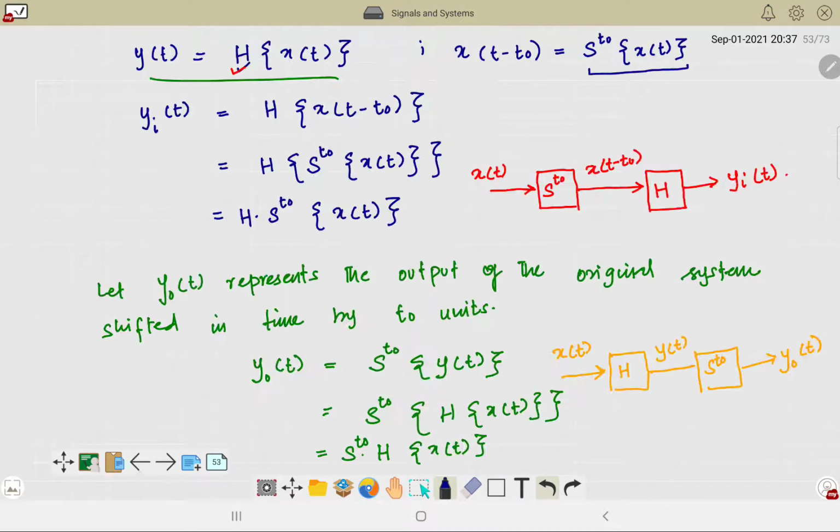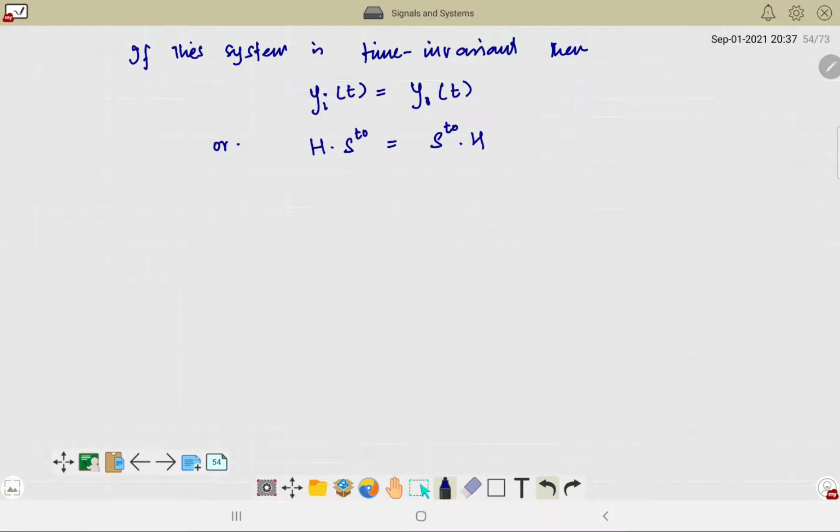If you look closely, in the first case I am first providing a shift, then using the operator H, whatever H is. In the second case, I am first providing this transformation H, then I am shifting. So in other words, H and S t naught should be commutative. The order does not matter.